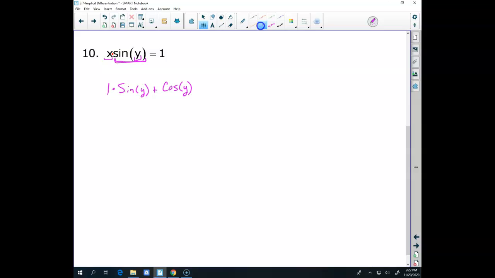Chain rule times that, that's times a dy dx, times my first term equals the derivative of 1 is 0. So I know dy dx times x cosine y equals negative sine y, right?